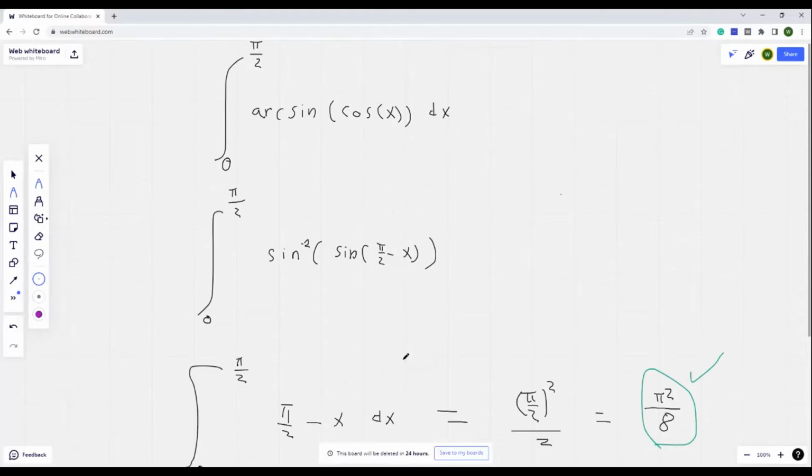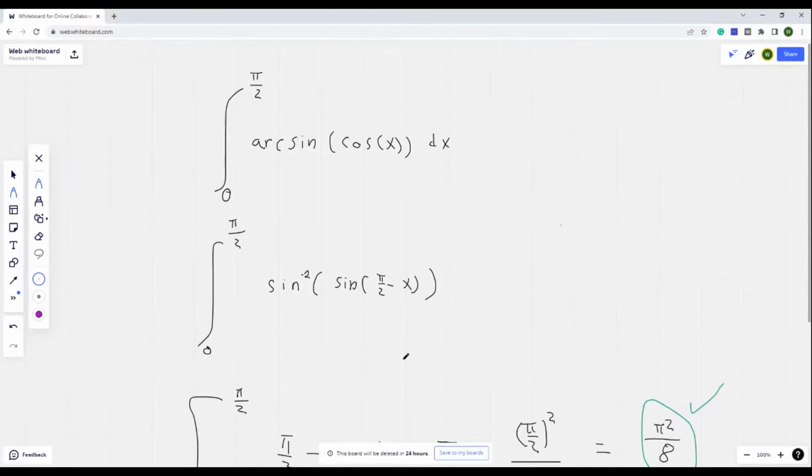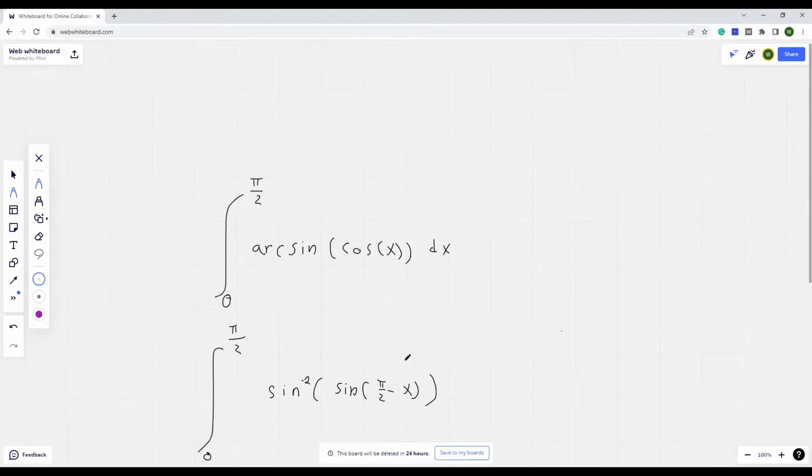Rather than just saying it, I want to look at the thought process of how we might actually use this. So one way to go here, we can say arc sine of cosine of x. Well, the arc sine is an inverse trig function. We're talking about a reverse operation here. So we're going to look at the first step here, right?